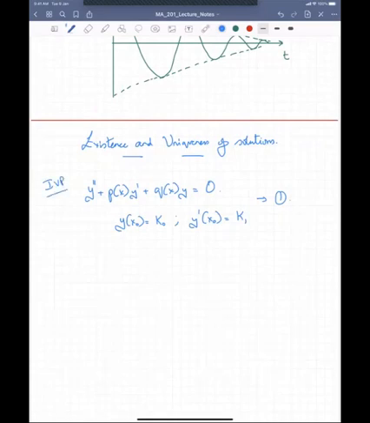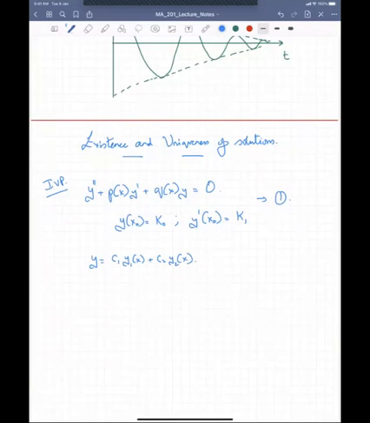So by now you know that there are two linearly independent solutions and the general solution can be written as a linear combination of these two. I can write y as some c1 y1 of x plus c2 y2 of x. This is the general solution.